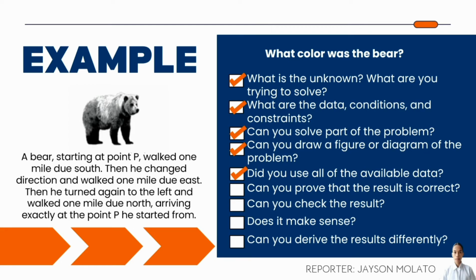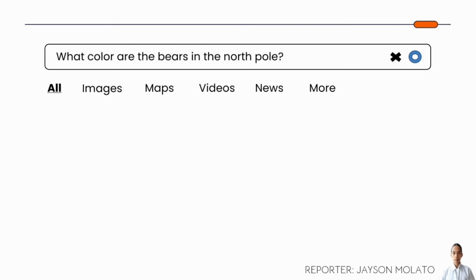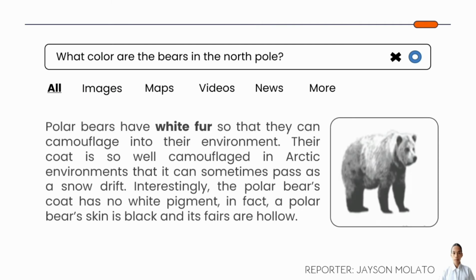How can we prove that in the North Pole the bear is white? As simple as that, we are going to search it on Google. What color are bears in the North Pole? It is said that polar bears have white fur. Thus, it is certainly proved that the answer is correct.